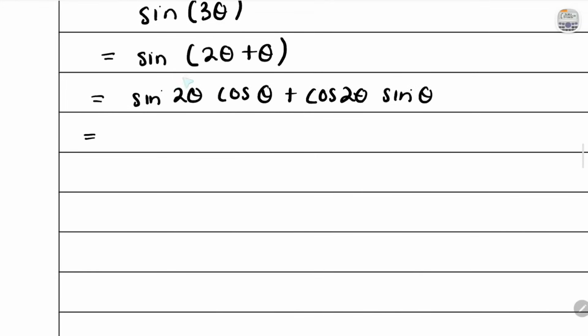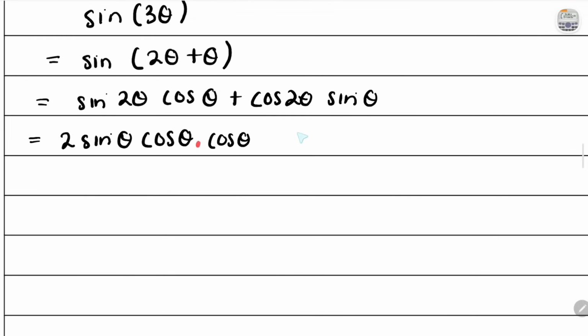Okay, and then sine 2 theta, we can use double angles to expand that to 2 sine theta cos theta. Okay, so that's already looking good. We have a sine theta, but of course we'll still have to sort out this cos theta. Then it's multiplied by this cos theta over here, so we shouldn't forget that one.